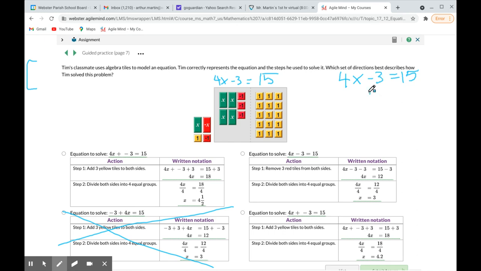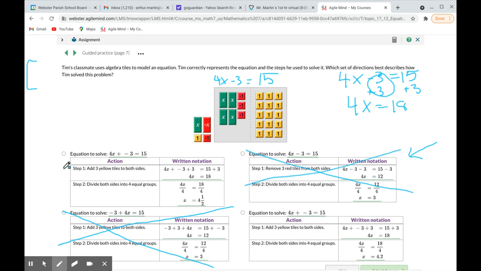Yeah, we got to add 3. And that makes 0. So we're left with 4x equals 18. So looking at our stuff, can it be this one? Did they add 3? No. No, so it's out. So we only got 2 possible ones so far.